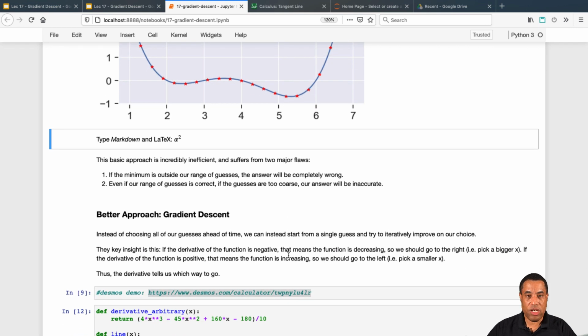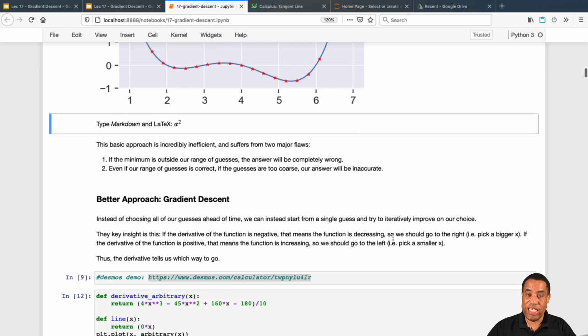So instead of just trying to pick all of our guesses in advance and not using the data itself to inform the guesses that we're making, we're just going to make one guess. And then we're going to let the data tell us which direction to go, right? And so we're going to iteratively improve on our choice of our guess. And so the key insight again here is that if the derivative of the function is negative, it means the function is decreasing.